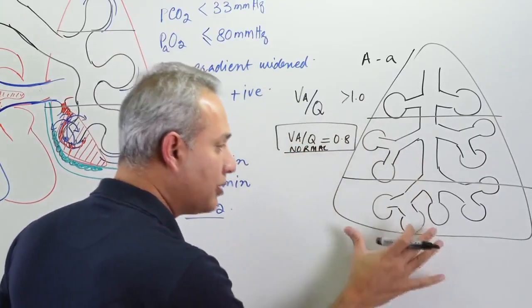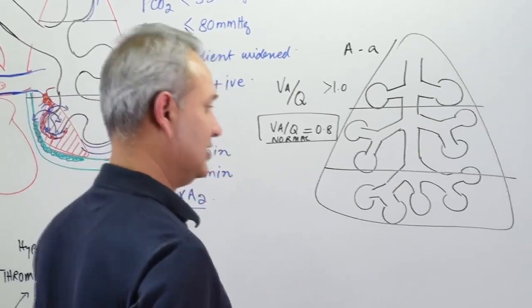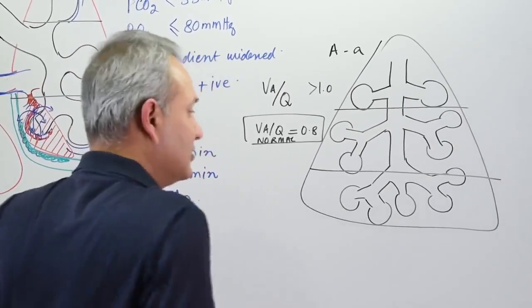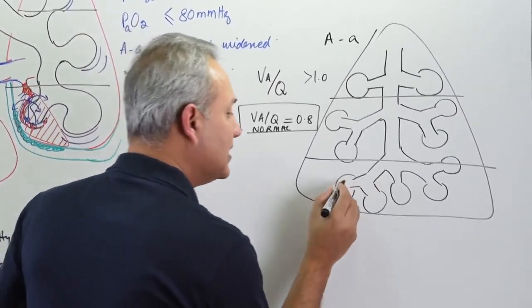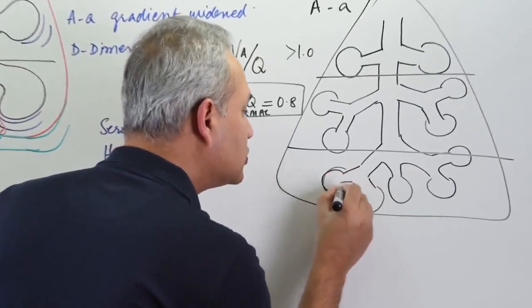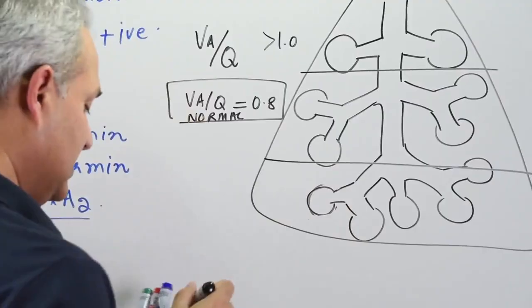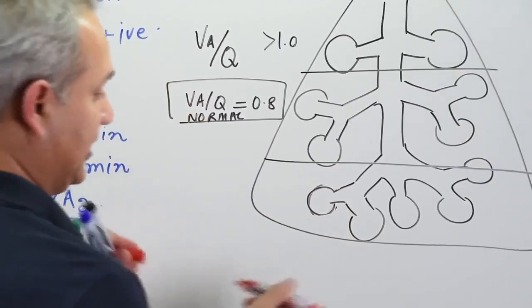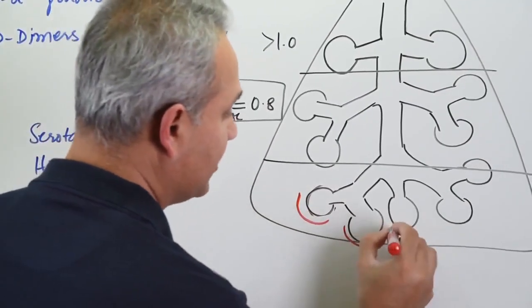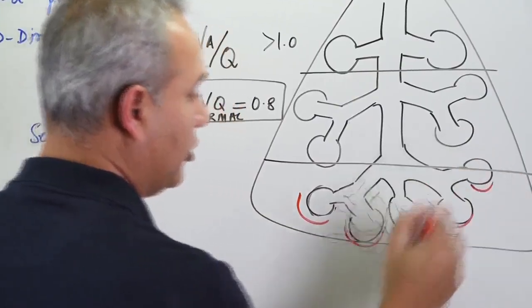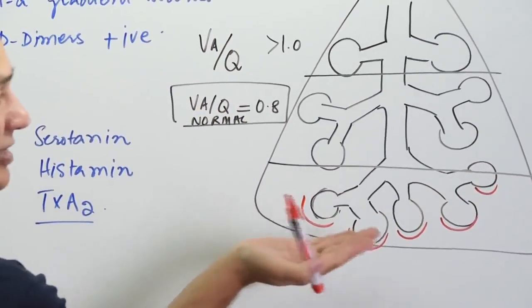And then in the lower parts of the lung, in the basilar parts and near the diaphragmatic surfaces, the alveoli are smaller because of the pressure on them, plus there is more blood flow in this area because of the gravitational pull on the blood. So blood is gravitating in this area.